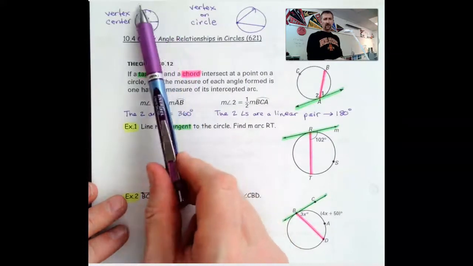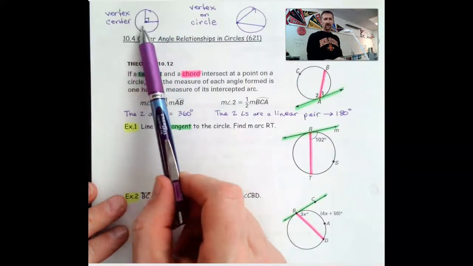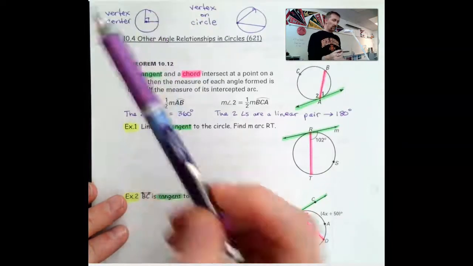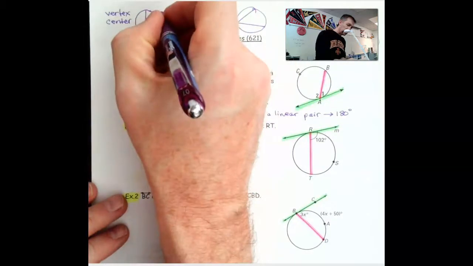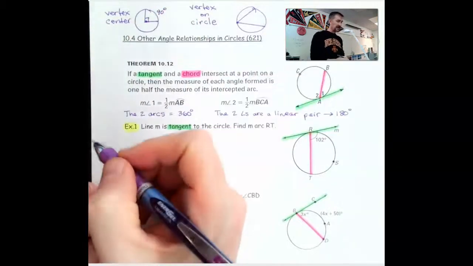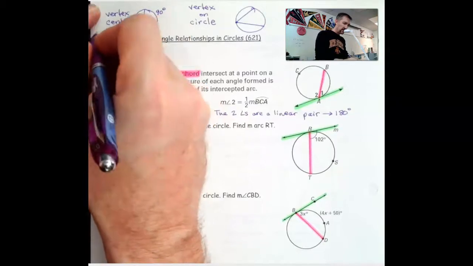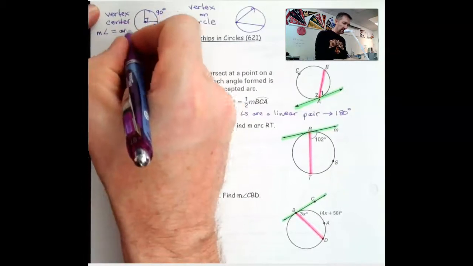So before this, we learned that if the vertex of an angle was at the center of the circle, then the measure of the angle equals the arc.